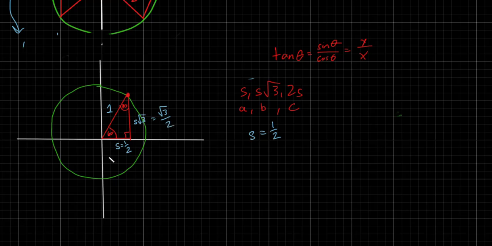So Sebastian, this is saying that the distance from the center to this point was 1/2. So that's how far over I went in the x-axis. Because this is my triple for a 30, 60, 90, which you would have learned in geometry. So I always know that the short length of a 30, 60, 90 is half of the hypotenuse. So if my hypotenuse is 1, what's half of 1?